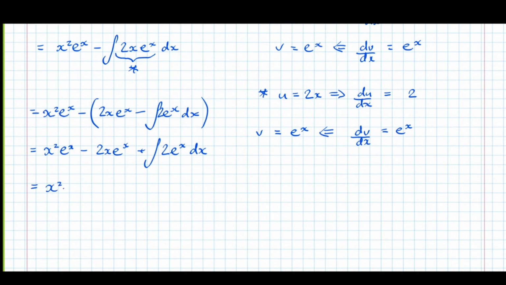Equals x squared e to the x, take 2x e to the x plus 2e to the x plus c. So some questions you're asked, you might be expected to do integration by parts twice, and that's probably the greatest level of difficulty that a question like this would get to.